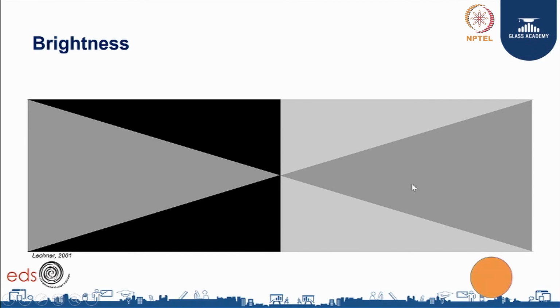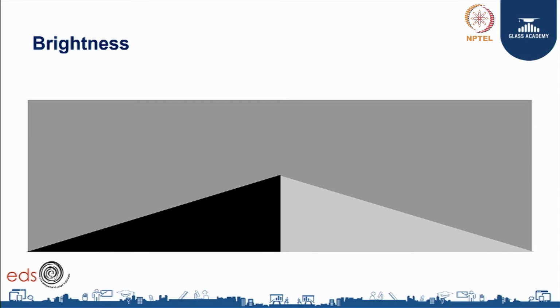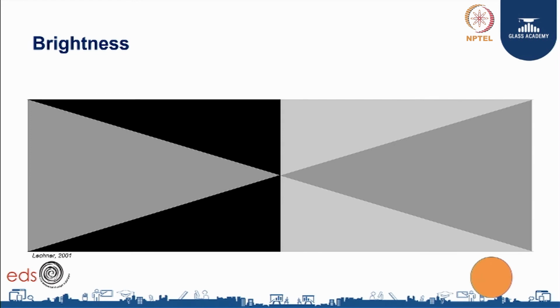Now let's remove the top two black and white triangles and see. Now one can clearly see that the left and the right triangle are of the same color. It's just because we have created a dark surrounding around the left triangle and a light surrounding around the right triangle, which is making the left triangle appear brighter than the right triangle.